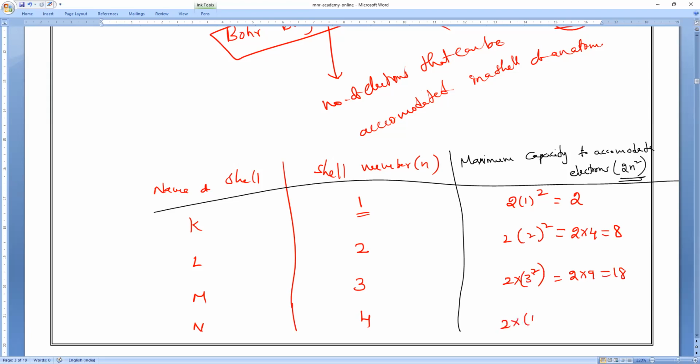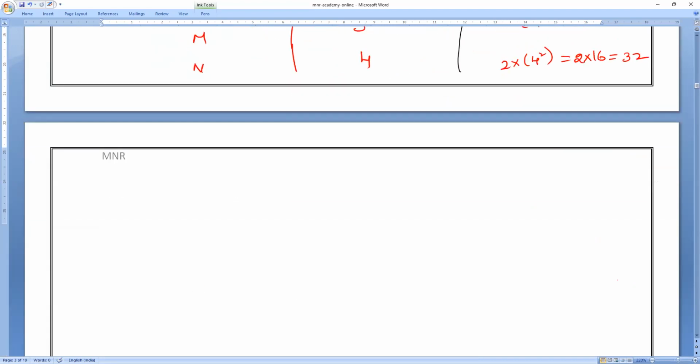Next, 2 into 4 square, which is 2 into 16, equals 32. So the number of electrons in shells follows 2, 8, 18, 32. That is what you have to remember.